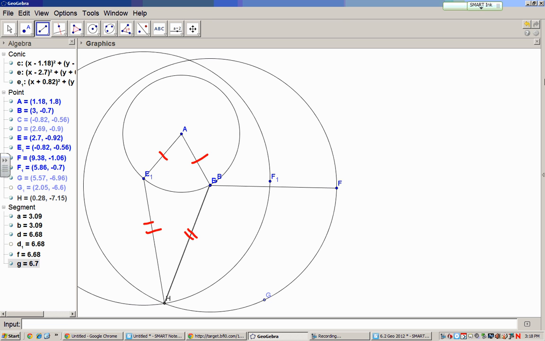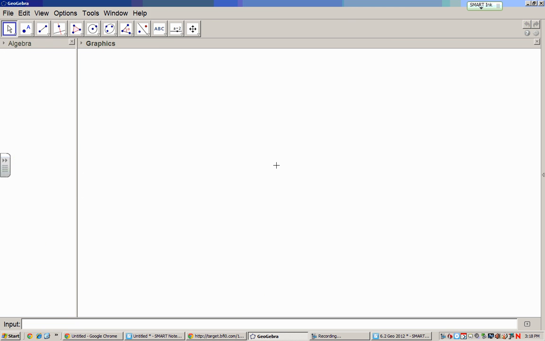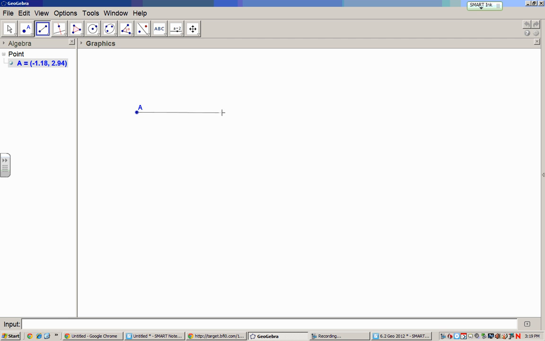All right, now there's another way we can look at constructing kites, and that's if we want to start with diagonals. So if I start with a segment here, that's one diagonal.